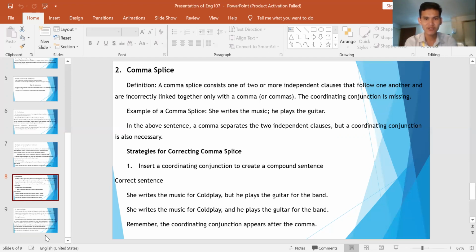So you need to add a comma and then the coordinating conjunction, and, to give more explanation. Remember that the coordinating conjunction appears after the comma. So here we will have a comma and then but, which is the coordinating conjunction, and then comma, and. So and is the coordinating conjunction.